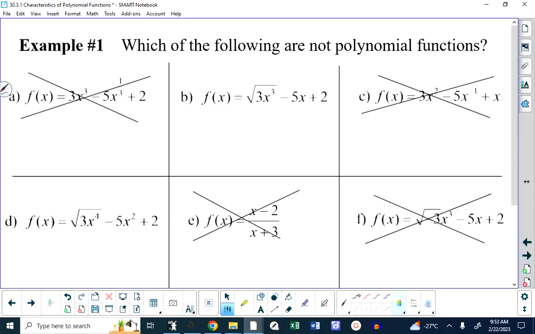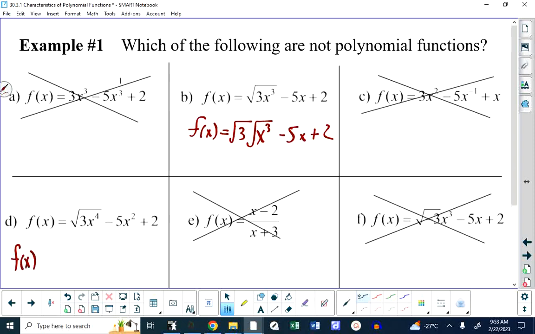Which means I could write this as f of x or y equals the square root of 3 times the square root of x cubed, and then minus 5x plus 2. Here, I can write f of x equals the square root of 3 times the square root of x to the 4 minus 5x squared plus 2. There's only one difference here, and that's that exponent on x under the square root.